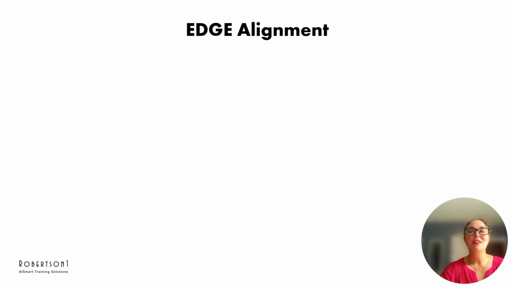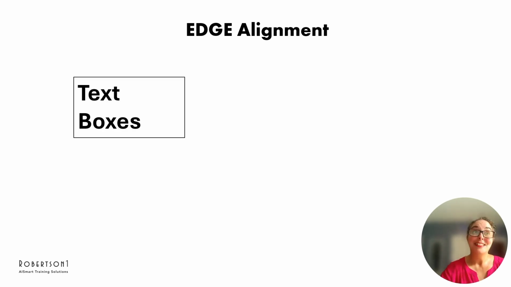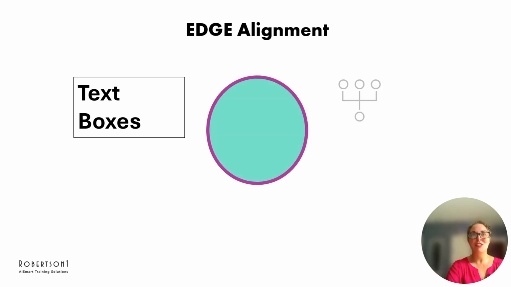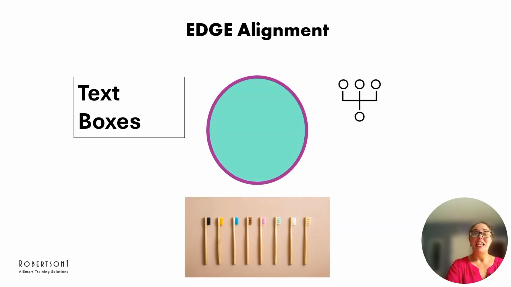Okay. But when I'm talking about alignment, I'm talking about edge alignment. So what does that mean? Let's say I have my text box and my shape and my icon and my picture. I want all of these elements to line up. Well, it's going to mean that the edge of my text box is going to line up with the edge of this text box.